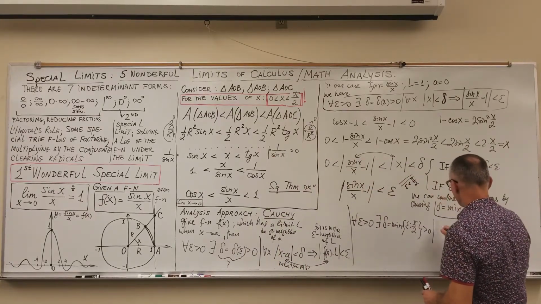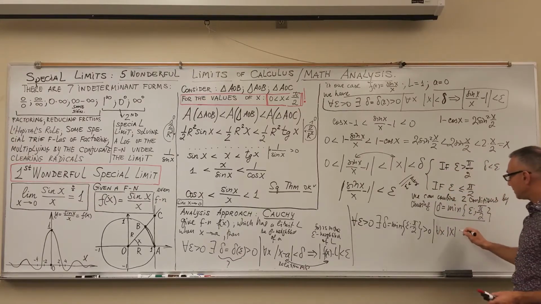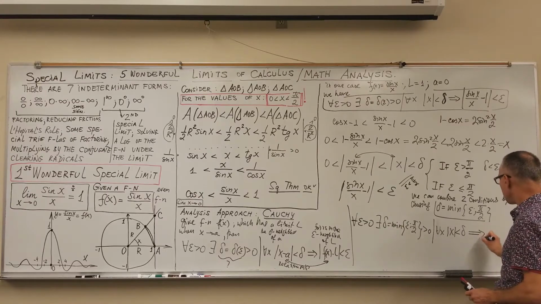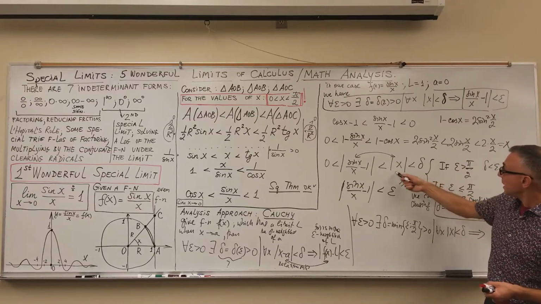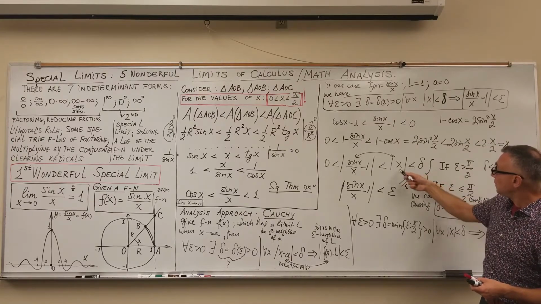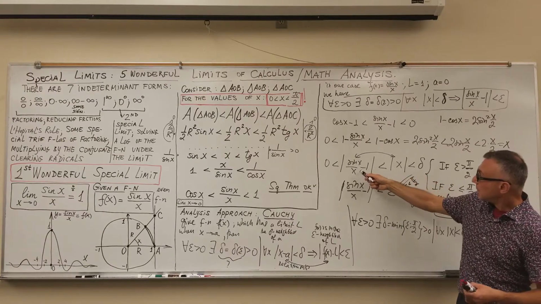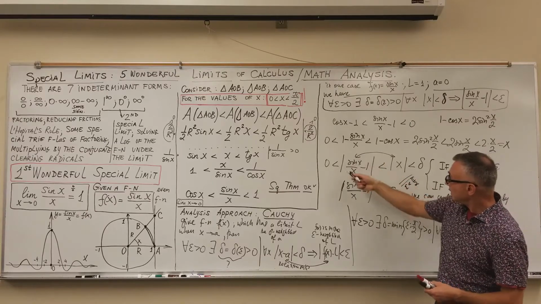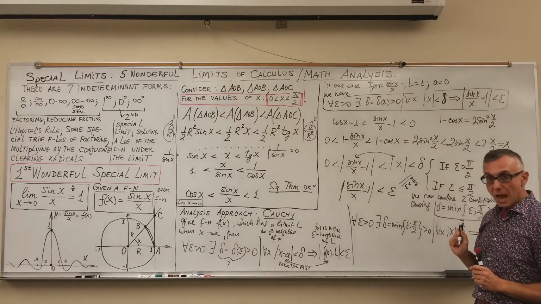for any x, as long as my x is in the delta neighborhood of 0, this is what it means, the absolute value of x is less than delta, it exactly implies that this function is in the neighborhood of 1, less than delta, which is equal to epsilon in this case.